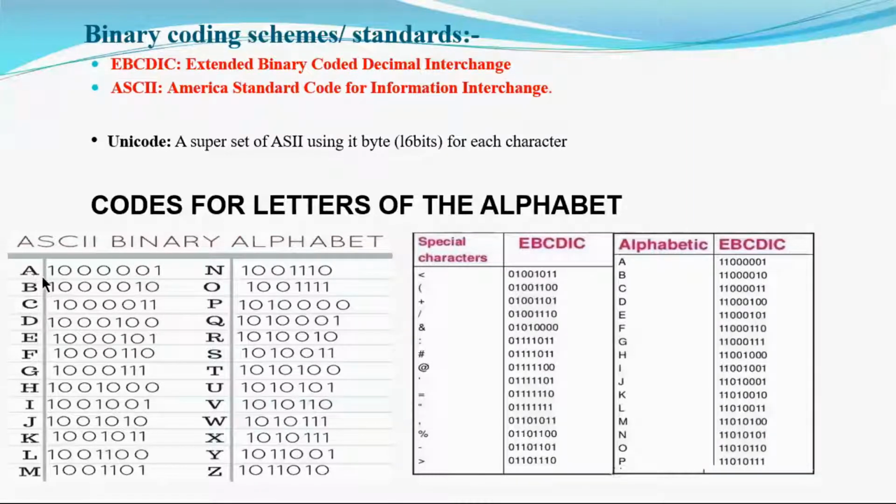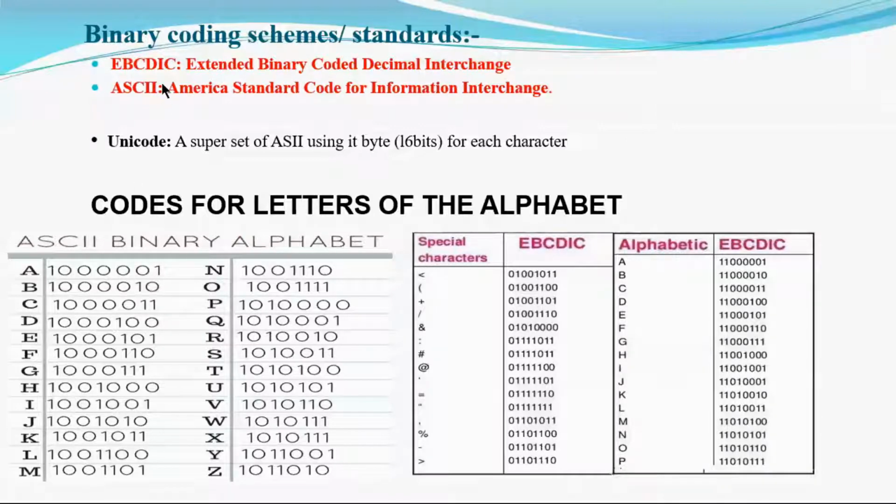The character A has 1, 2, 3, 4, 5, 6, 7 bits. We said a bit is either 1 or 0. So when I ask you how many bits we represent the ASCII codes in, it will be 7 bits, by counting 1, 2, 3, 4, 5, 6, 7, because each 1 is a bit, even 0 is a bit.